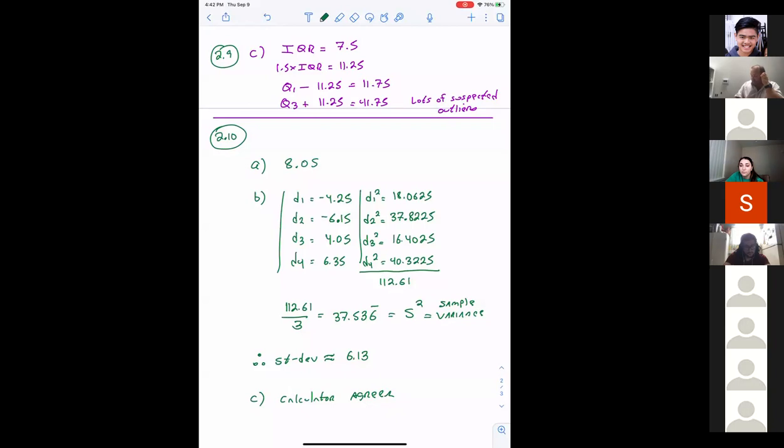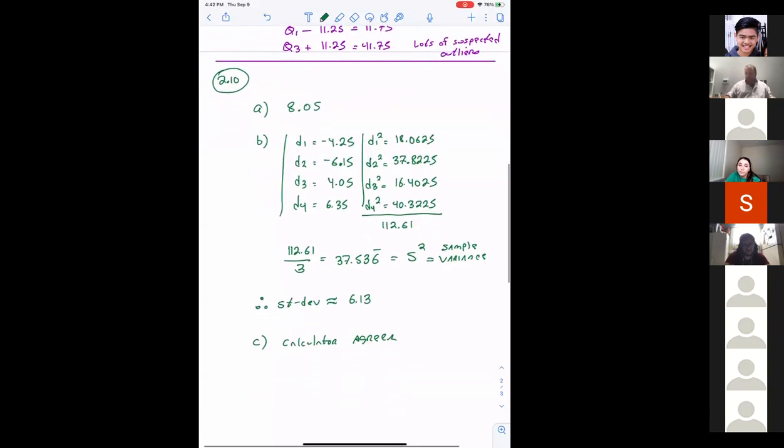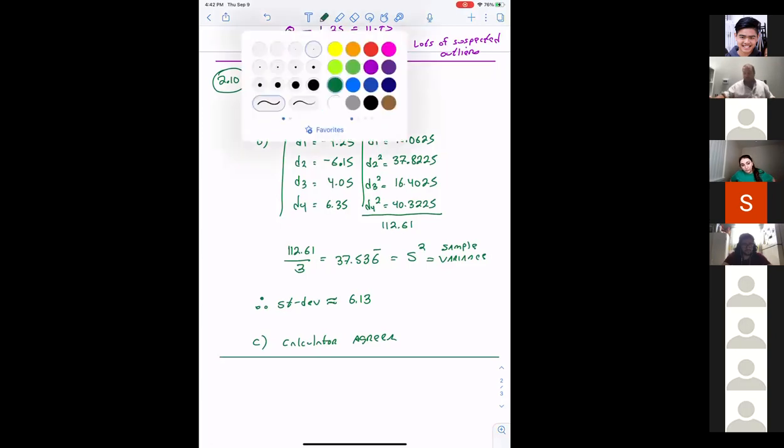Click calc. Hit one var stats. And calculate. Awesome. Obviously, it's a lot faster to do via calculator than it is by hand, which is why we have the calculators do it for us.